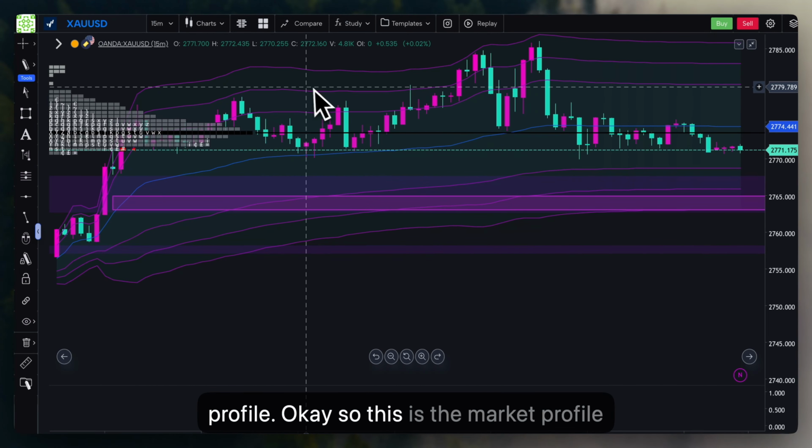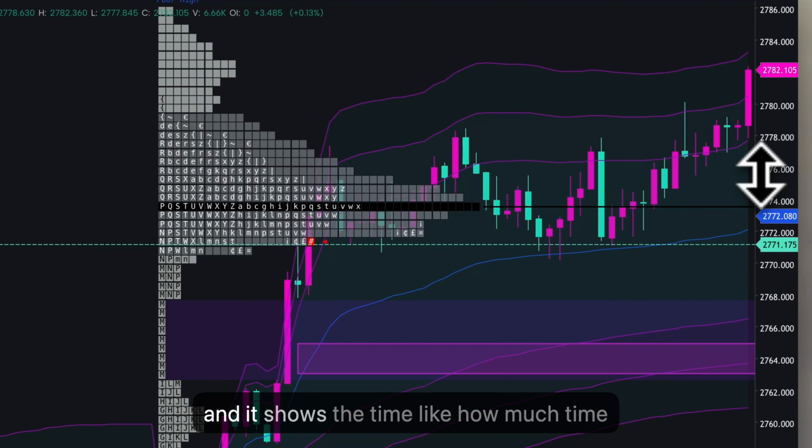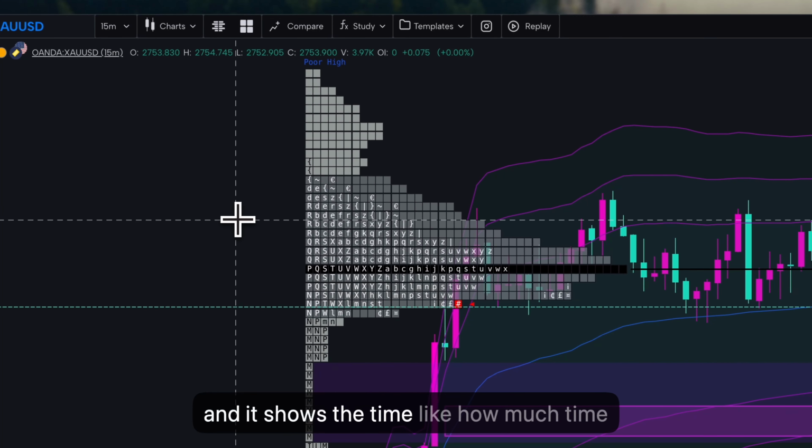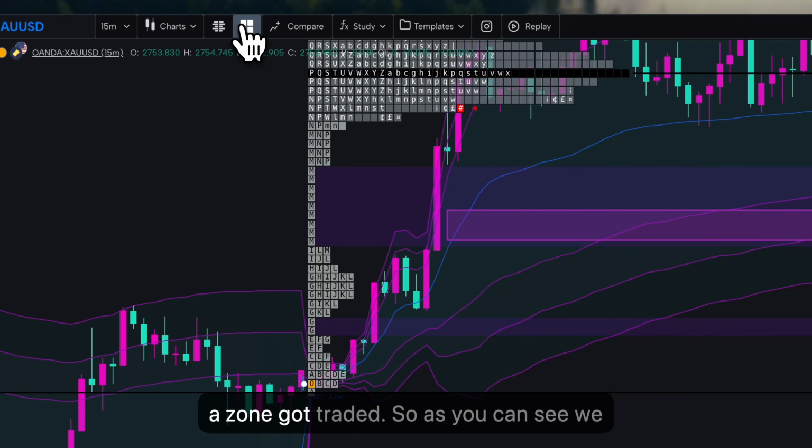Okay, so this is the market profile, and it shows the time, how much time a zone got traded.